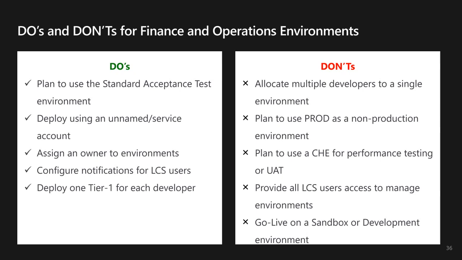So make sure that the appropriate users within your organization have those. And make sure that you're deploying one tier 1 environment for each developer. On our don'ts, the first one here is don't allocate multiple developers to a single environment.